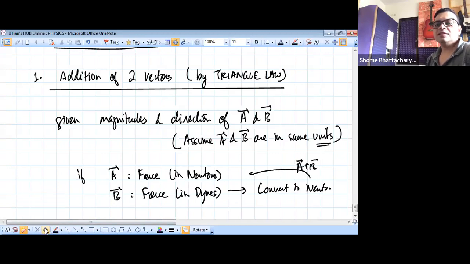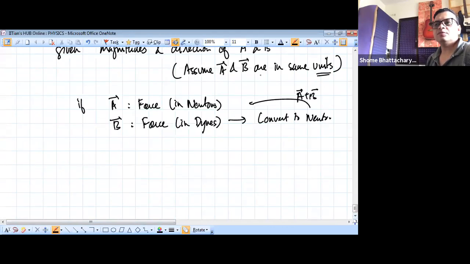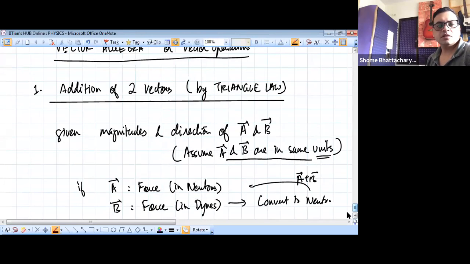So two vectors can be added only when they are expressed in the same unit. So here, since we are more concerned with the mathematics part, we won't worry about these units. We'll just assume that they are given in the same units.